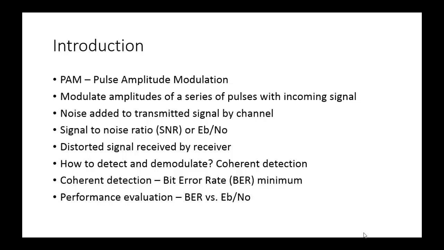Herein comes the coherent detection technique, which implements a type of correlation so as to weed out the unwanted noise and achieve a good bit error rate so that the output regenerated bit stream matches the input bit stream as closely as possible.